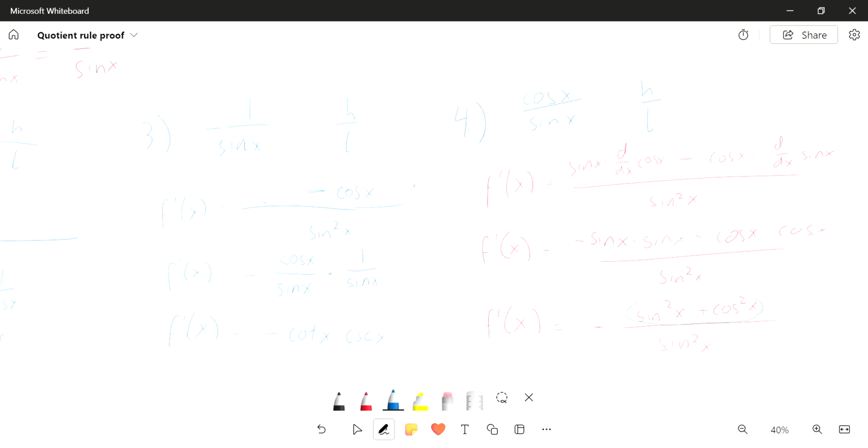In fact, we dealt with this in the tangent derivative. And it's also a pretty popular Pythagorean identity that just equals 1. So that means f prime of x is equal to negative 1 over sine squared x. So that means it's negative cosecant squared x.